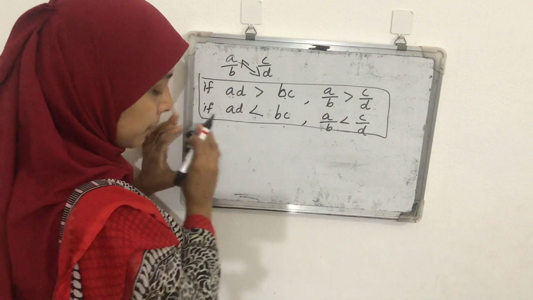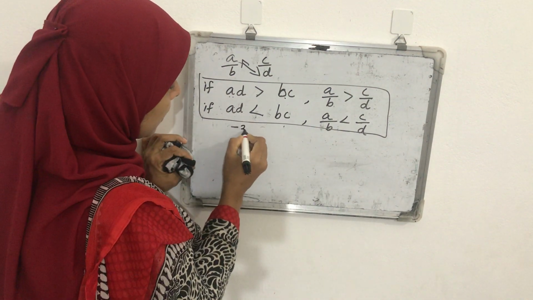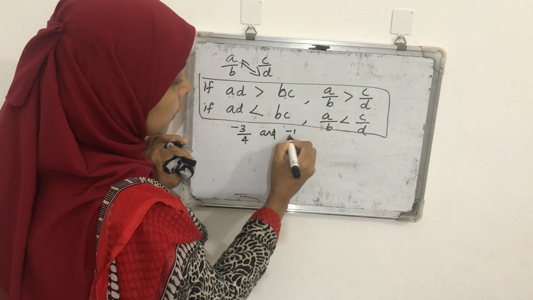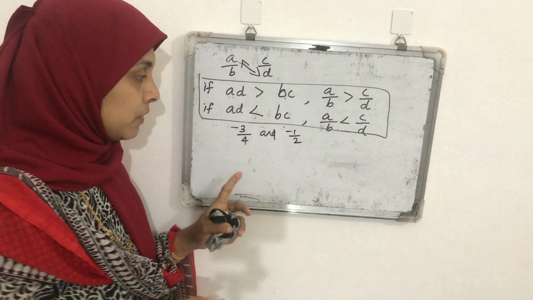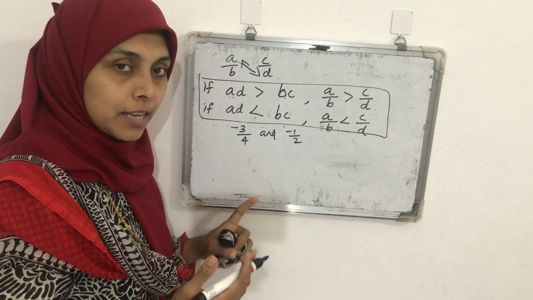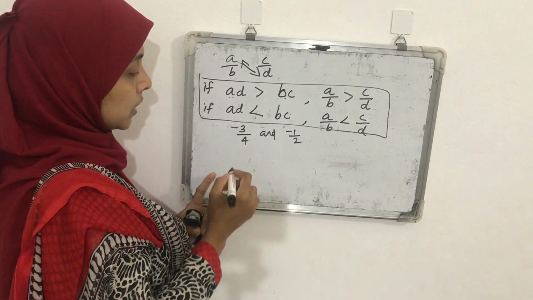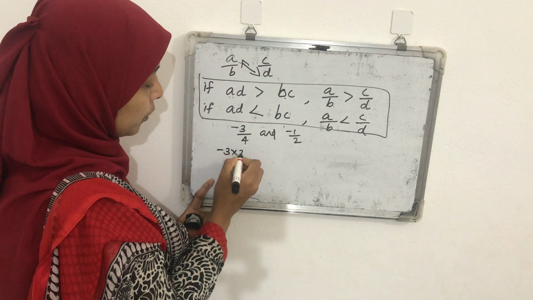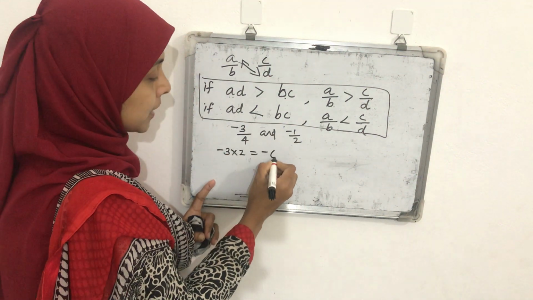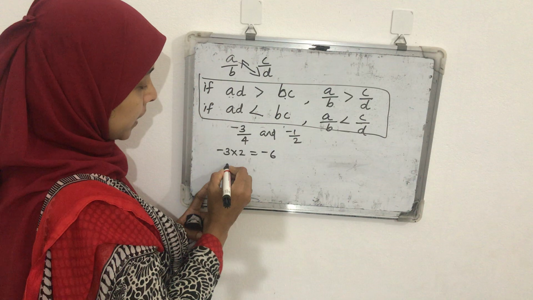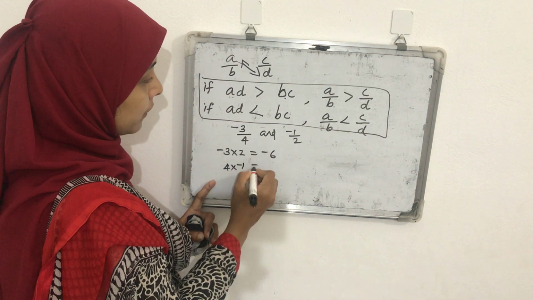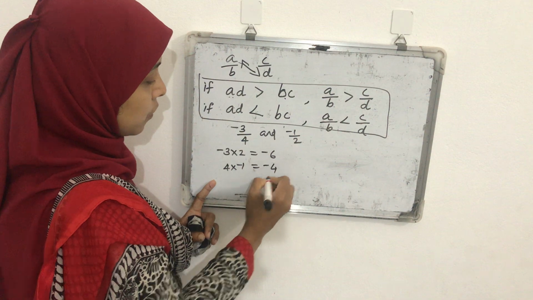We want to compare minus 3 by 4 and minus 1 by 2. How can we compare which rational is greater or smaller? First we find the cross product. Minus 3 into 2 gives minus 6. Next B into C, 4 into minus 1 gives minus 4.